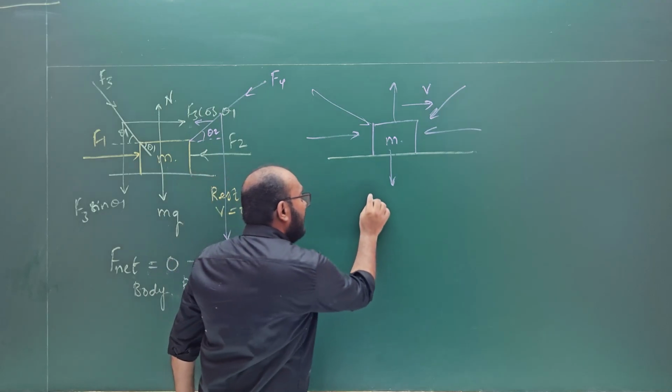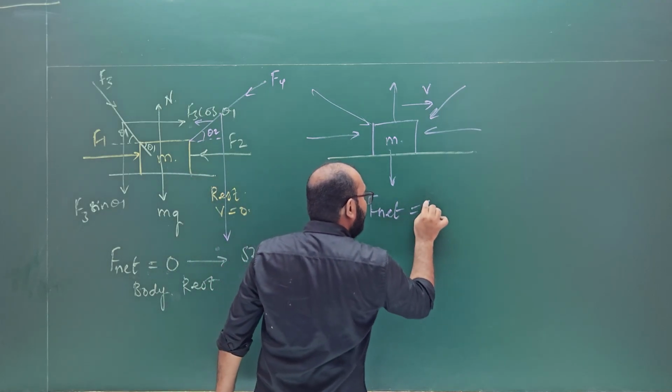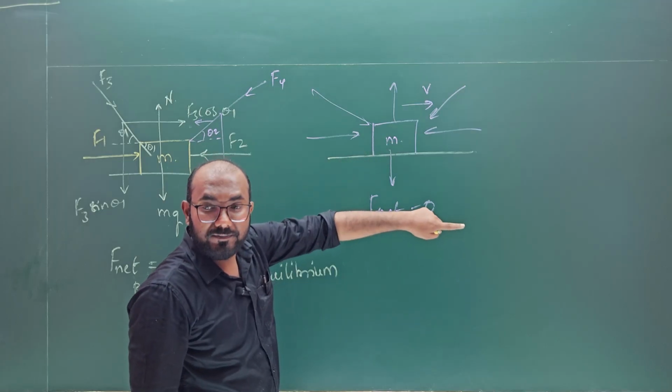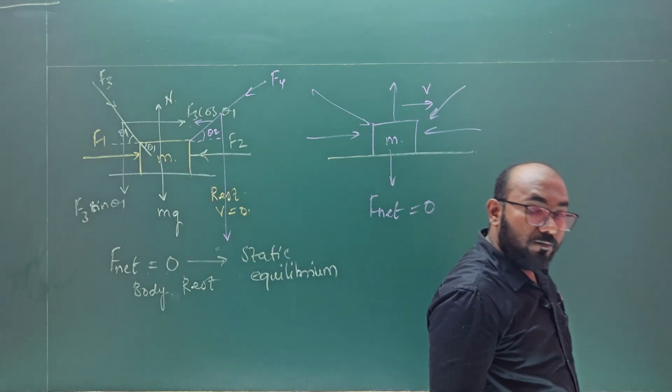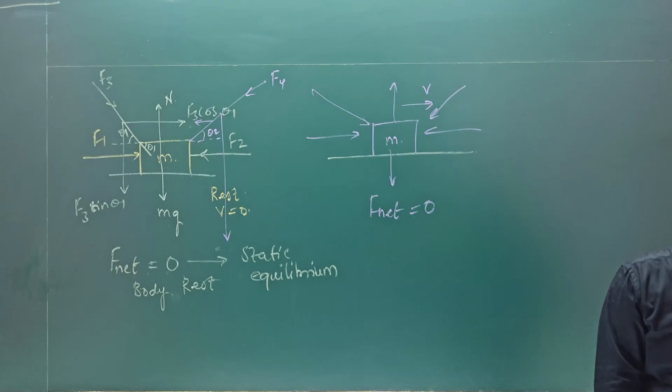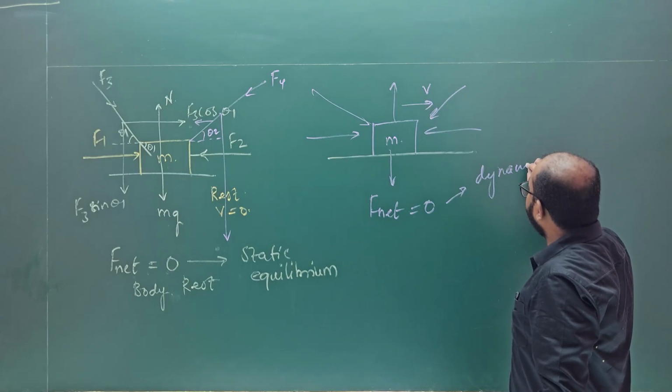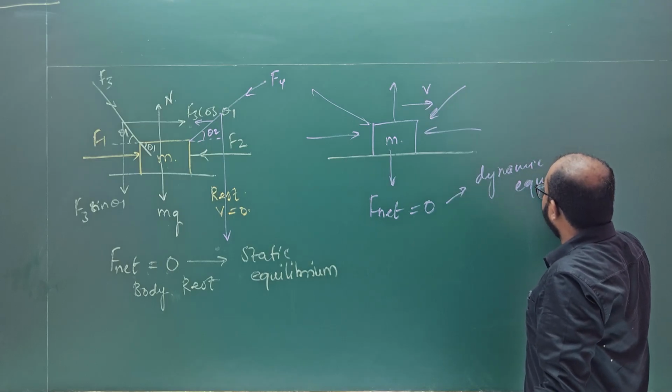Still, if F net is 0, if the body is in motion, it continues in motion. If the body is in motion, it continues in motion. Okay? And here, we call this state dynamic equilibrium.